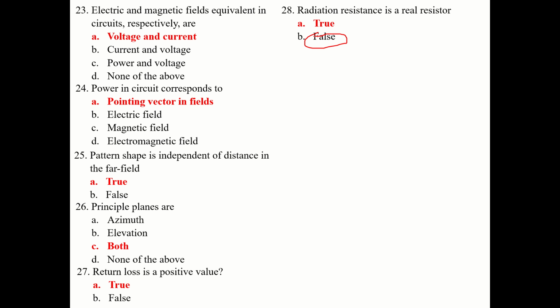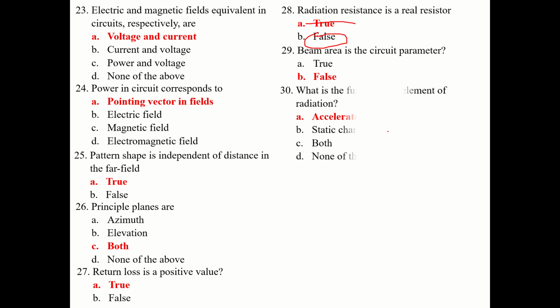It's not that we place some resistor in the antenna. So false is the answer, sorry for that. Next, is beam area a circuit parameter? No, it's not a circuit parameter. It's a field parameter.